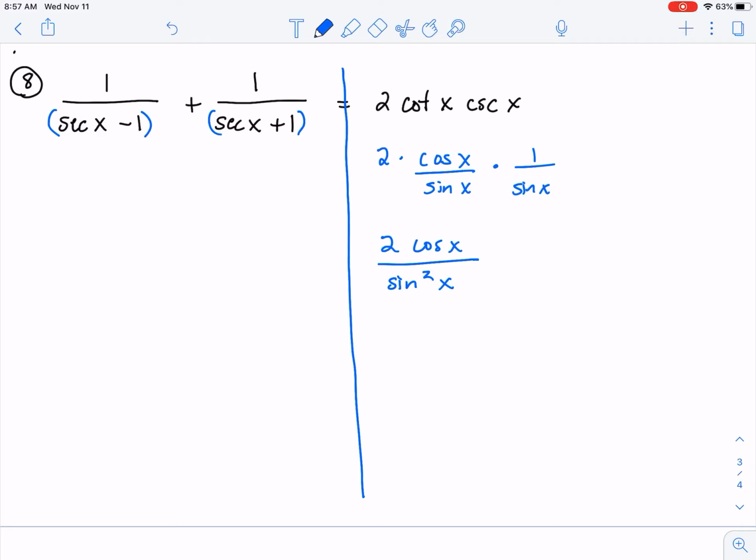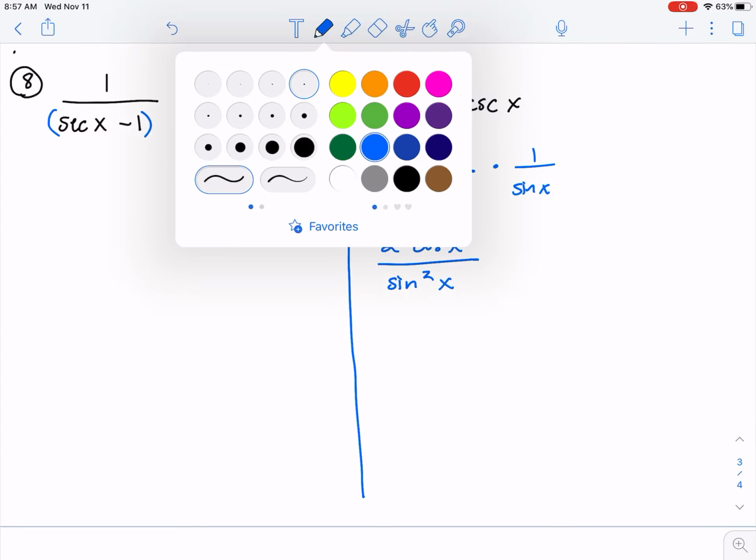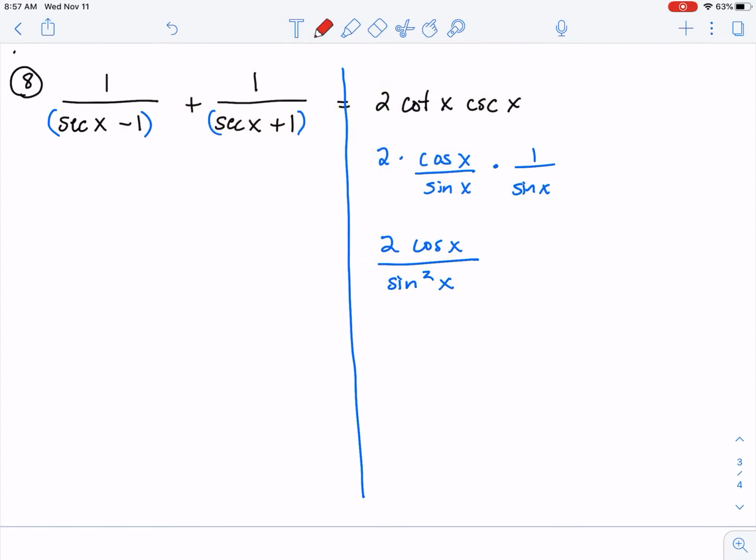So with that, I need a common denominator. That looks like I need to multiply here by secant x plus 1 on the top and the bottom. And on the right-hand side, I need to multiply by secant x minus 1, the top and the bottom.